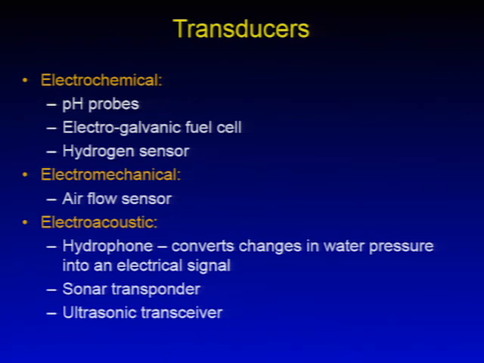For example, in the medical field, we have electrochemical transducers, including pH probes, electrogalvanic fuel cell, hydrogen sensor, and then we have electromechanical transducers, which we use as an airflow sensor. And also, we have the electroacoustic transducer, which is called a hydrophone or sonar transponder or ultrasonic transceiver.